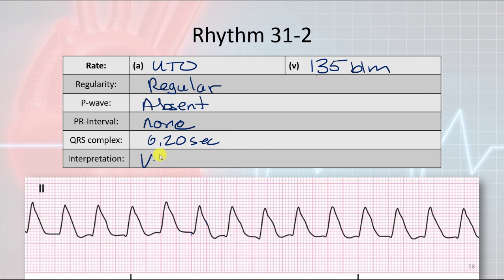Interpretation, you can call it a VTach. I personally call it sustained VTach. You could also identify this as slow VTach. Technically, it is less than 150 beats a minute, so it would be classified as a slow VTach.